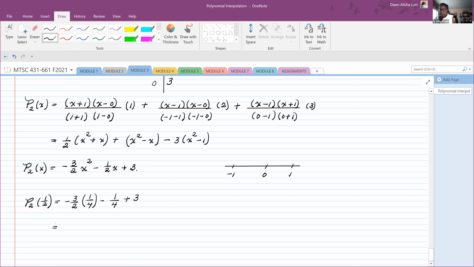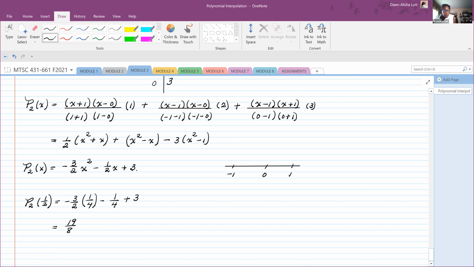This is -3/8 minus 1/4 plus 3. So 19/8. So that's what I would expect my interpolated value to be.